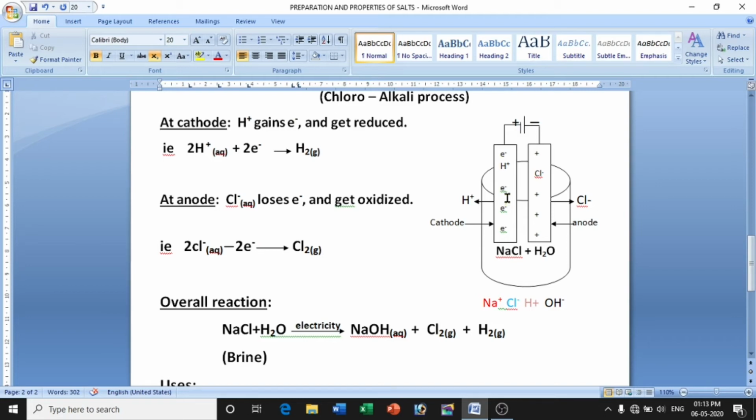And students, you should remember that when an electron is gained by any ion, that phenomenon is known as reduction. Electron gain is reduction, electron loss is called oxidation. In terms of oxygen and hydrogen, when oxygen is gained or hydrogen is lost, it is called oxidation.